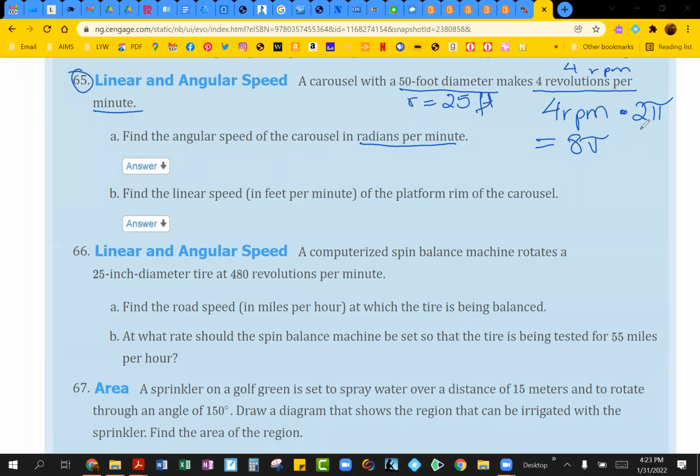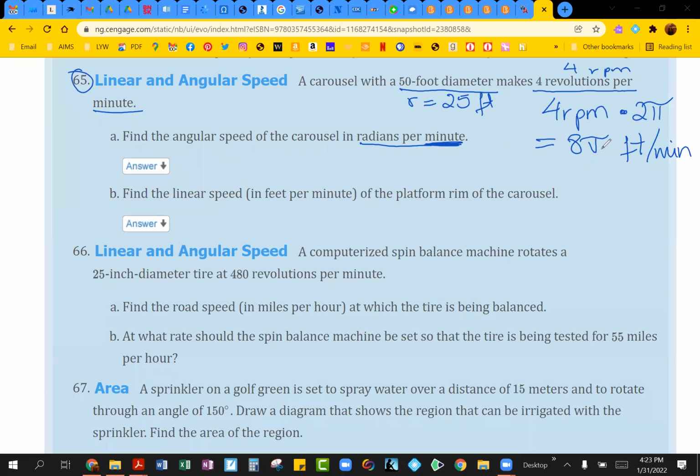Okay, so that will give you the feet per minute, but what else do we need to do here? Convert minutes to seconds. Yeah, actually you will leave that in minutes because that's what they want our measurement to be. So we can leave that, but this is actually where we multiply it with our radius, right?